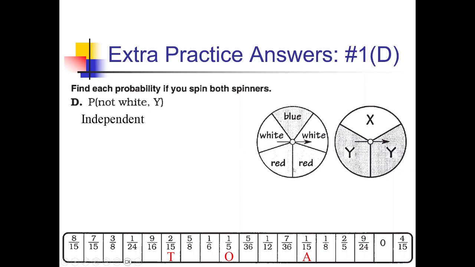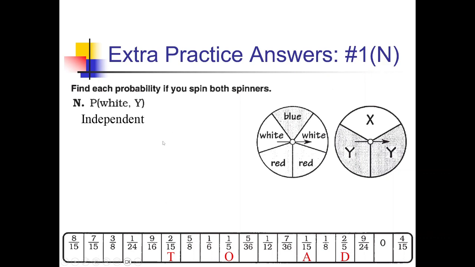That means there's 3 that are not white, so that's 3/5 for that first one. And then for Y, 2 out of the 3 spots there are Y's, so 2/3. So then this is going to be 6 over 15, which I can reduce by 3's to get 2/5. And 2/5 is right here, so that goes with this D that this problem corresponded to.